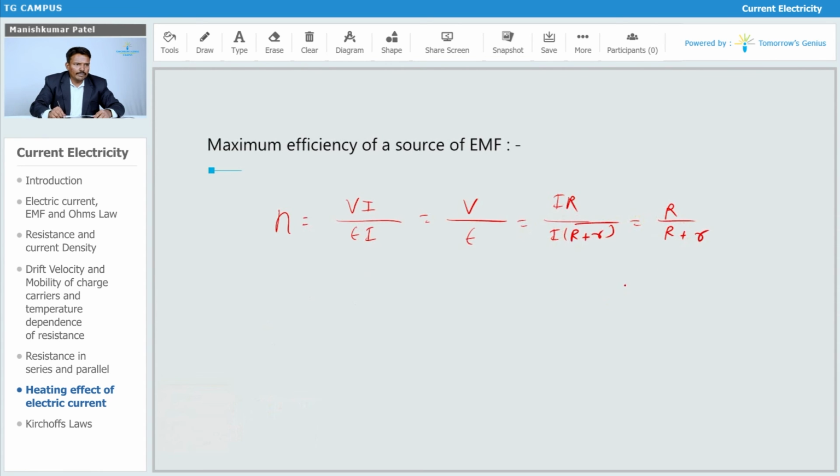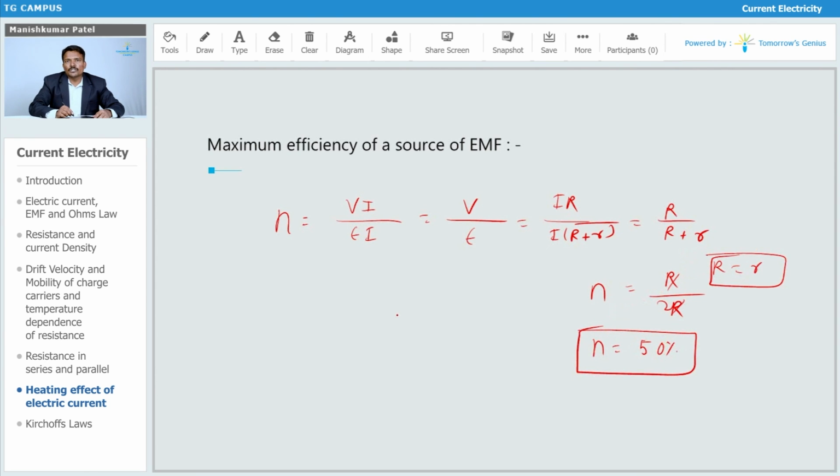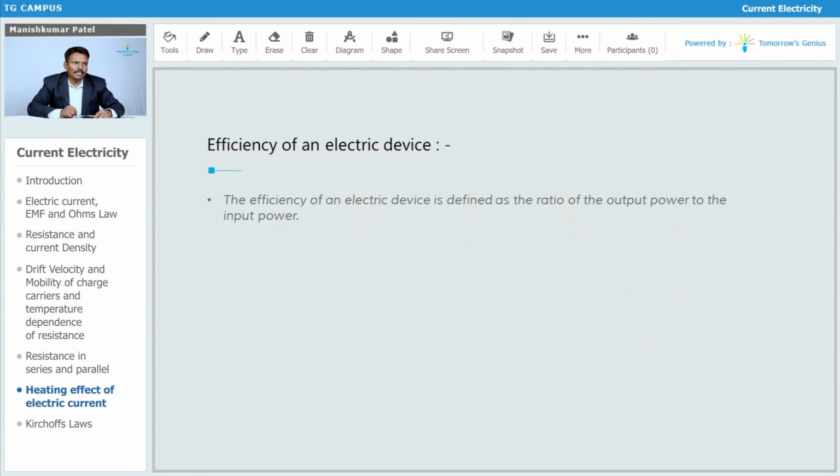With R equal to r, this becomes R upon 2R, so the efficiency is 50%. Even in the case of maximum power output, where R is equal to r, the efficiency is not going to extend beyond 50%. That is the maximum efficiency of a source of EMF.